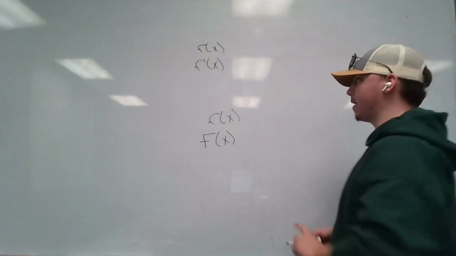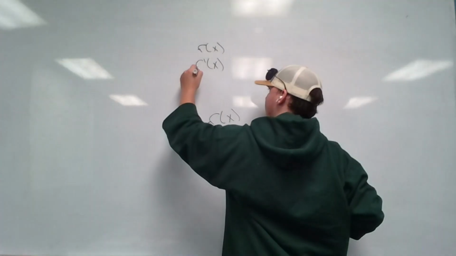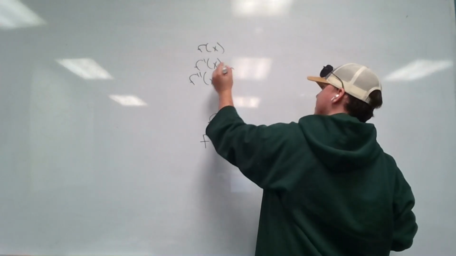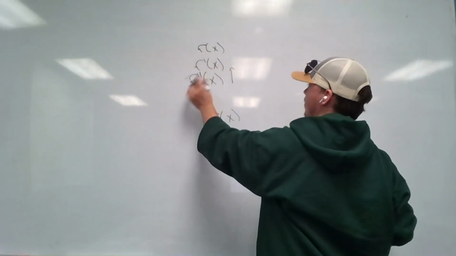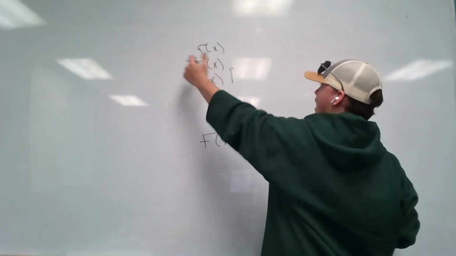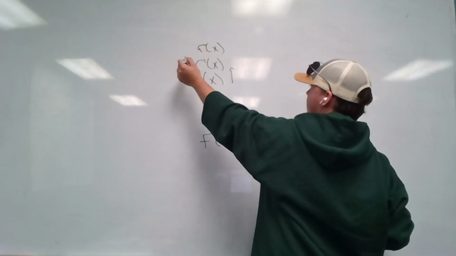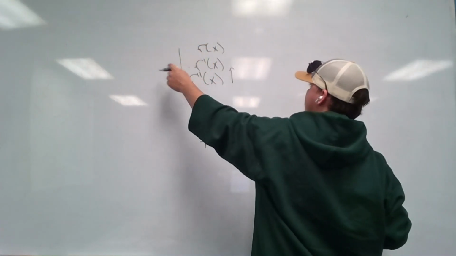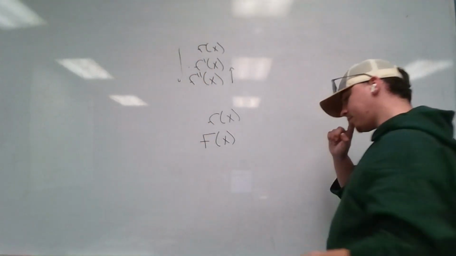Another way to look at it: f prime x is the antiderivative of f double prime x, and f of x is the antiderivative of f prime x, and vice versa. f prime x is the derivative of f of x.